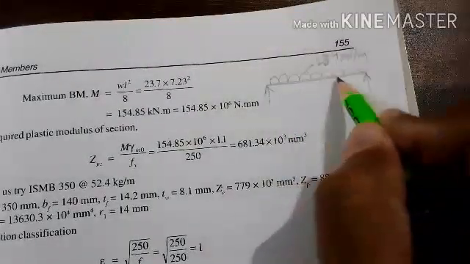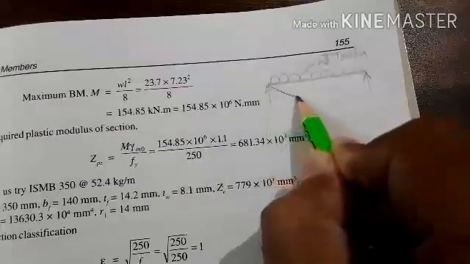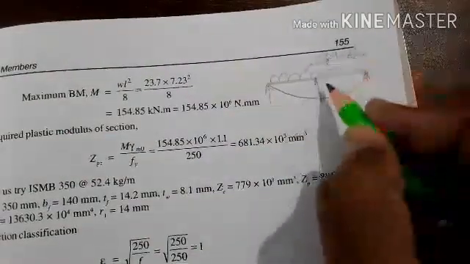This is simply supported, carrying 23.7 kilonewton per meter. Then calculate the maximum bending moment for this one. This is the maximum bending moment.